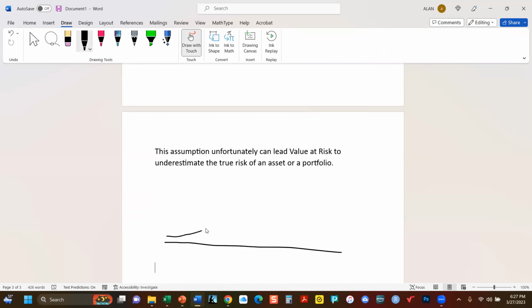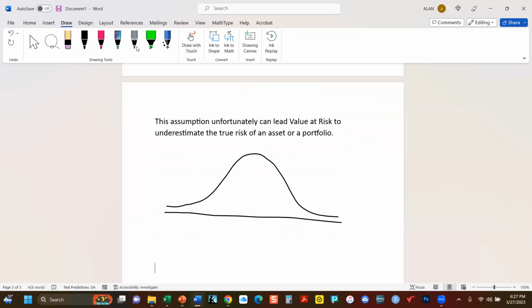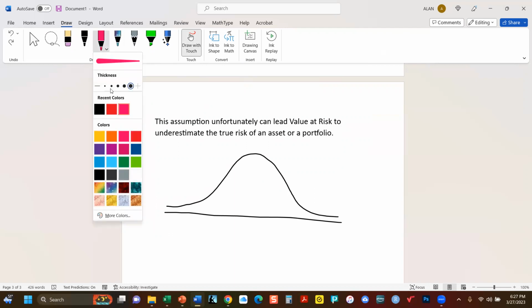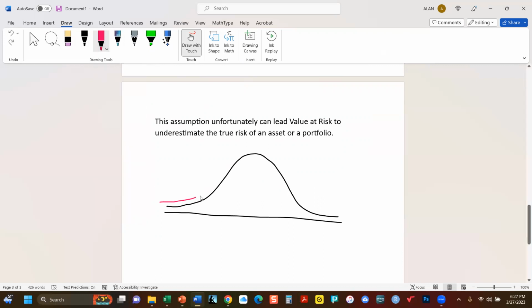So let's just say here is your normal curve. The real returns of these assets look more like this. There is a lot of area in the tails and not quite as much in the middle. So in other words, what are we looking at here?